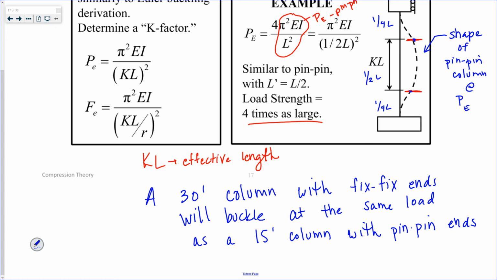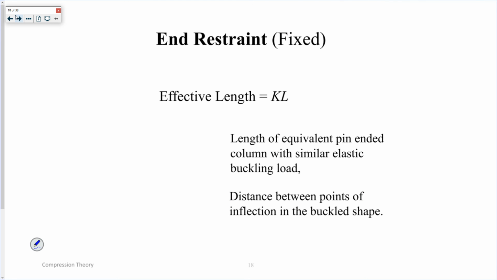So we come up with this concept of an effective length factor. It is associated with the ratio of the length over which we can find the pin buckled shape. So our effective length, KL, might also be called LE or LC.